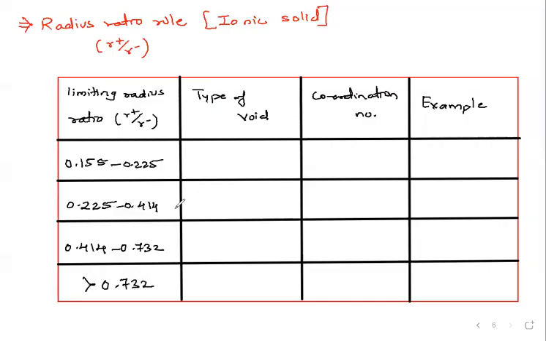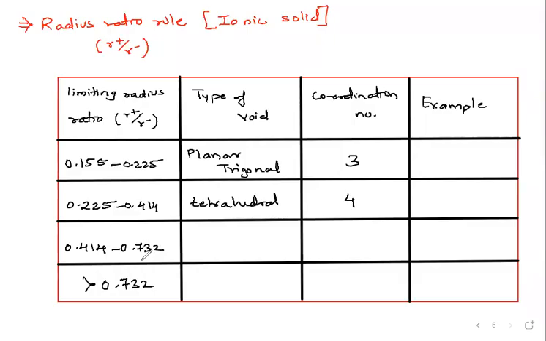Now, if the ratio of the radius of cation to radius of anion lies between the first range, 0.155 to 0.225, the geometry of the void will be planar trigonal, and the coordination number will be 3. Similarly, if the value lies between 0.225 and 0.414, the void is tetrahedral with coordination number 4.